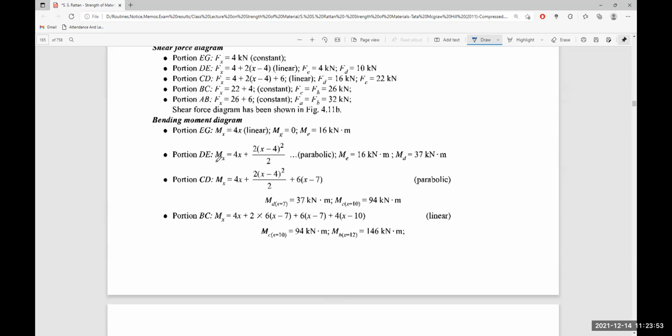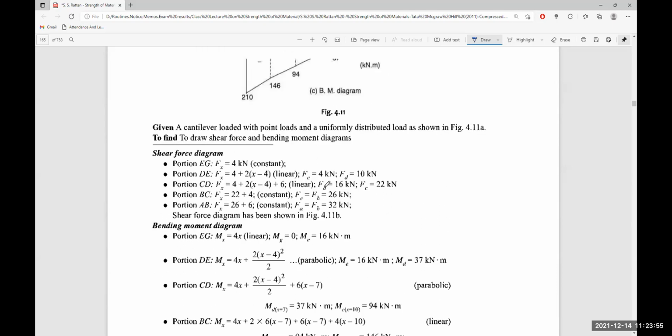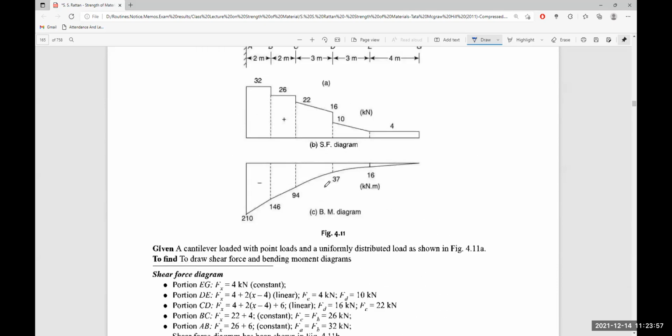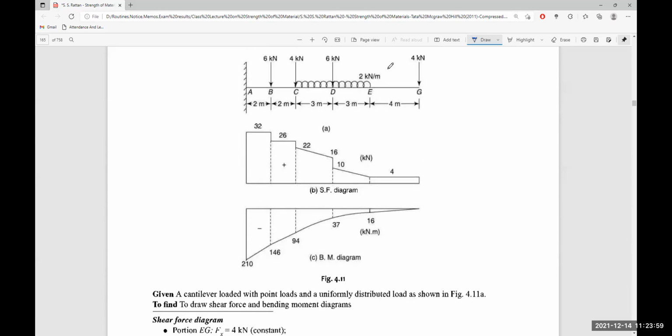Then for DE, Mx is equal to, here the distance is x from the free end. So it's the section from this direction.